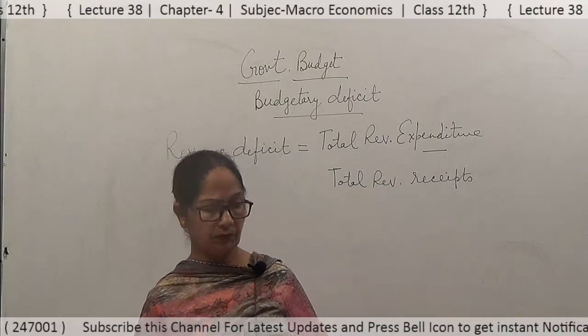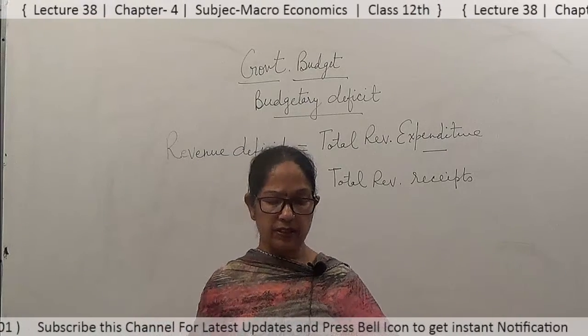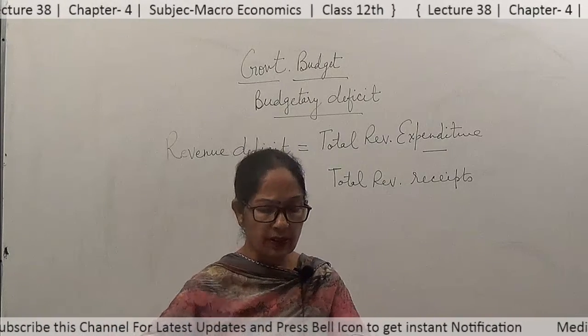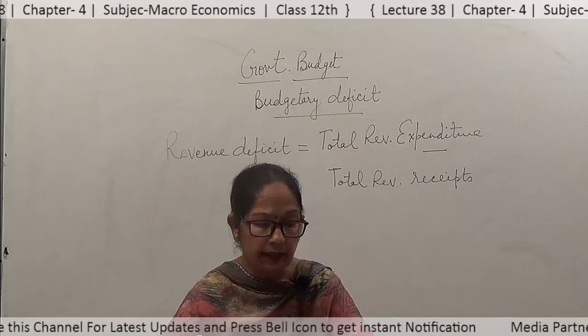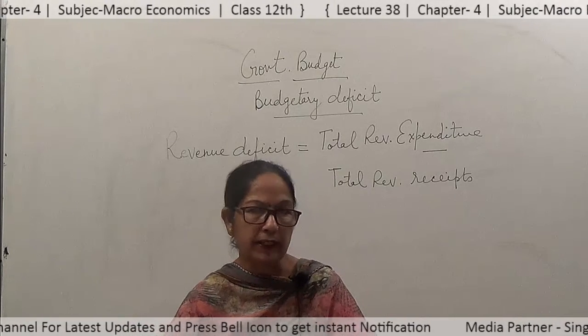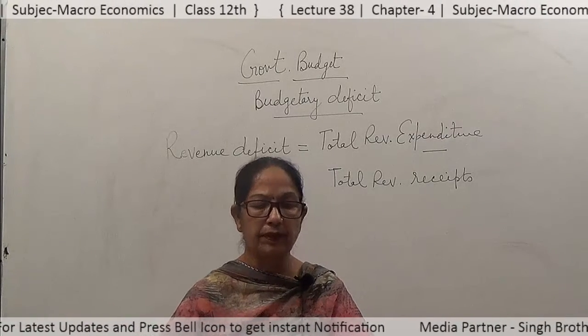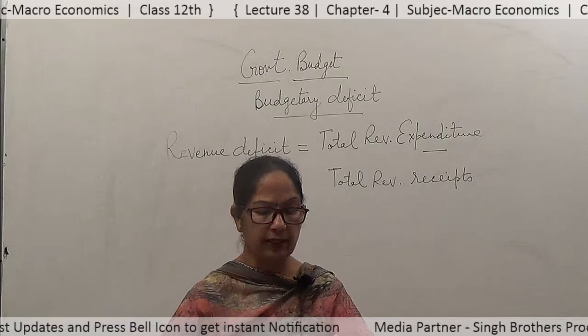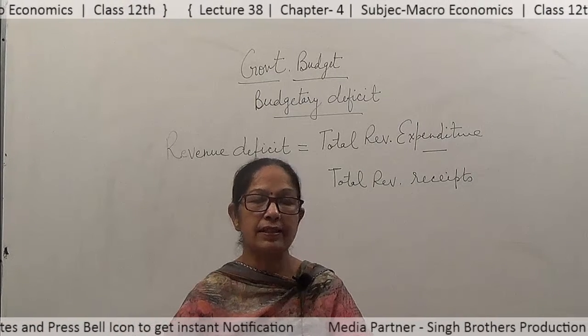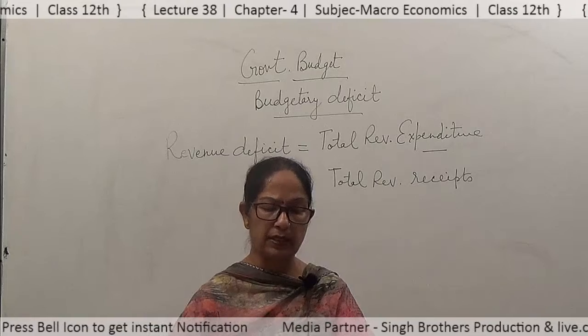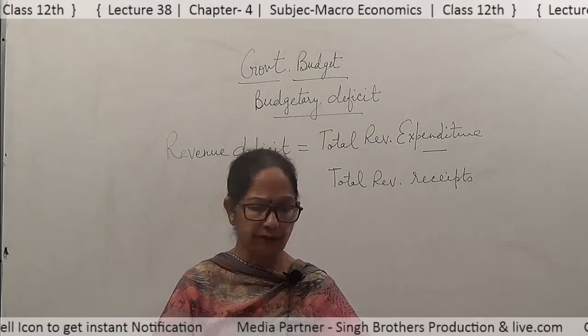So, revenue deficit includes such transactions that affect current income and current expenditure of the government, and it signifies that government's own earning is insufficient to meet normal functioning of government.